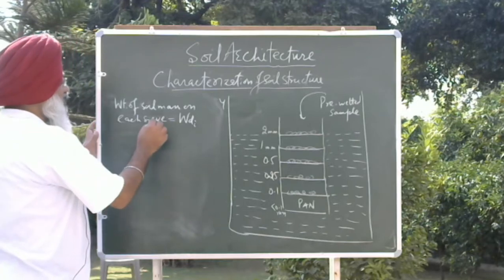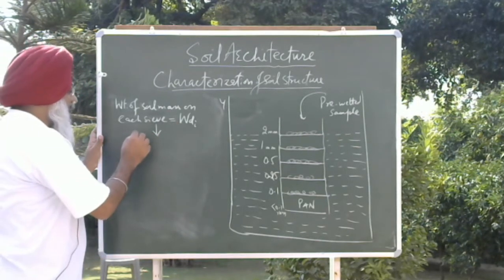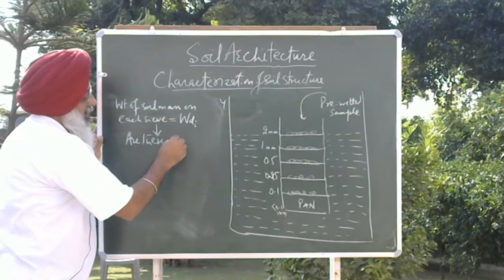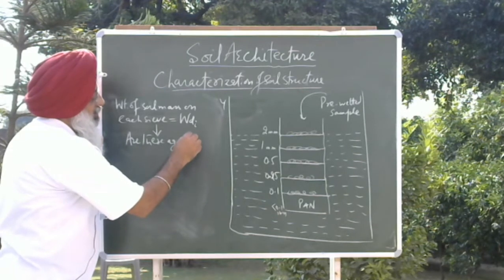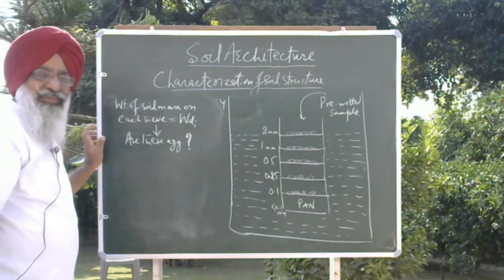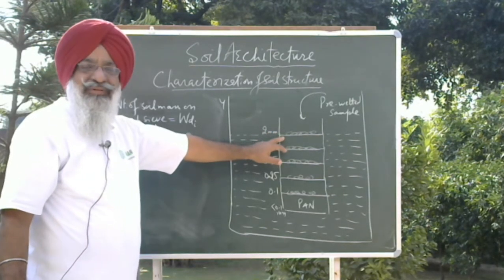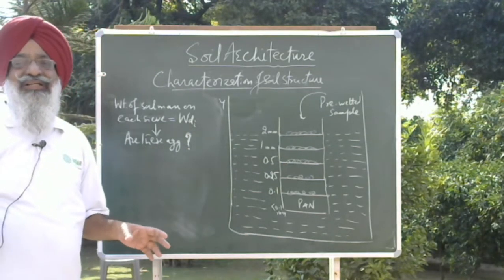Now, the next question is whether this soil mass are these aggregates. This is a big question mark over here. These could be aggregates, these could also be primary particles. But at least for the first sieve, that means 2 millimeter, you are sure that these are aggregates. Why?